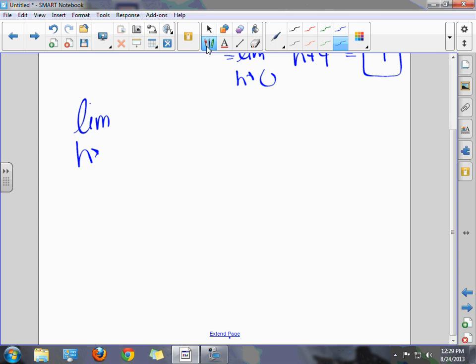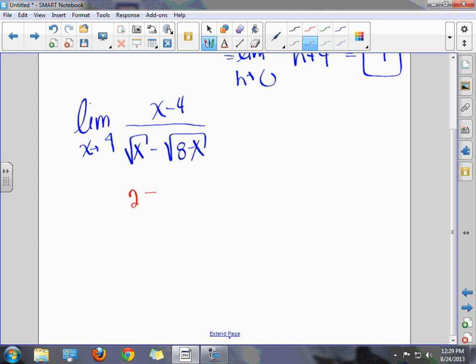The limit as x approaches 4 of x minus 4 all over the square root of x minus the square root of 8 minus x. So if I were to plug in 4, what would happen is I would get 2 minus 2. So that's no good. I'm going to get 0 in the denominator.